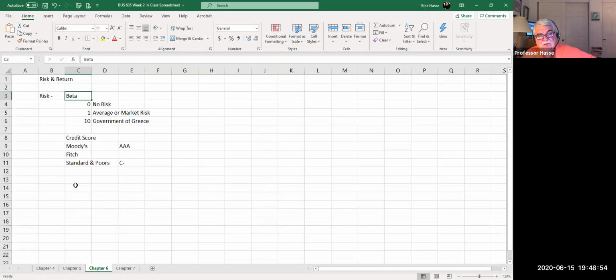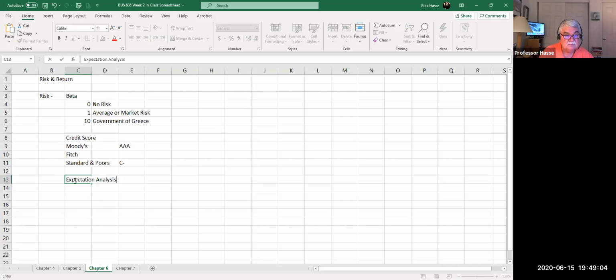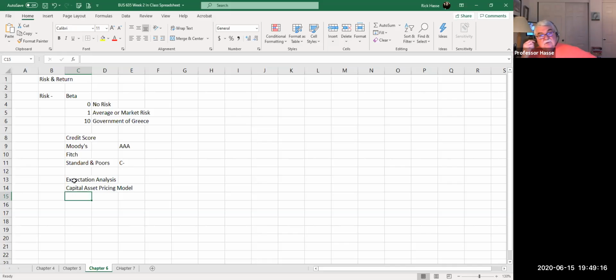And finally, the third method of determining risk is expectation analysis. And that is called the capital asset pricing model. Determining your return in the future.